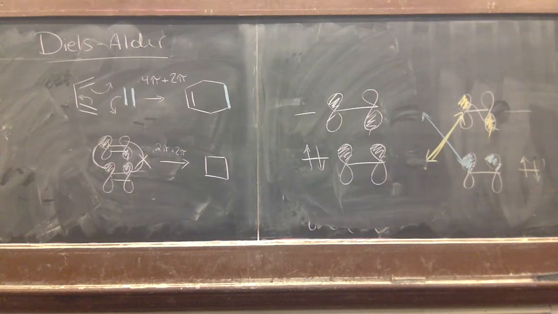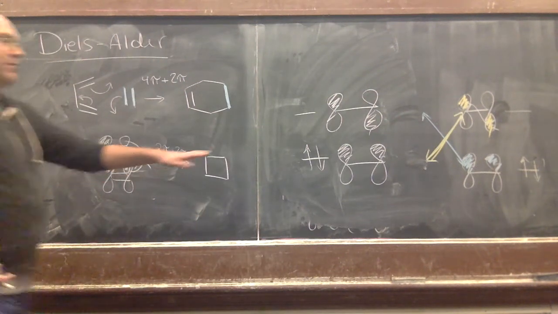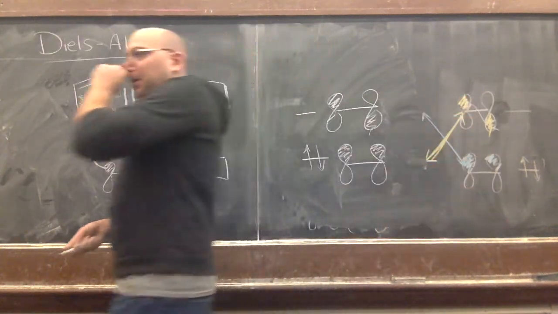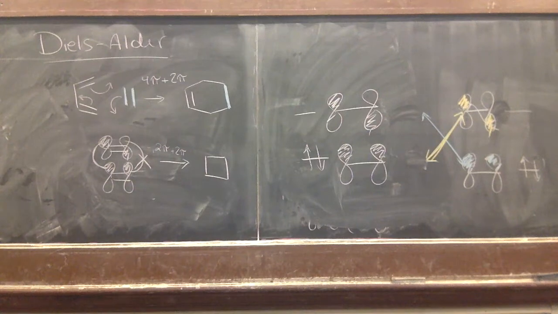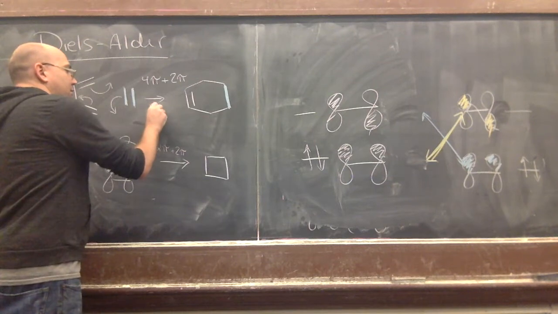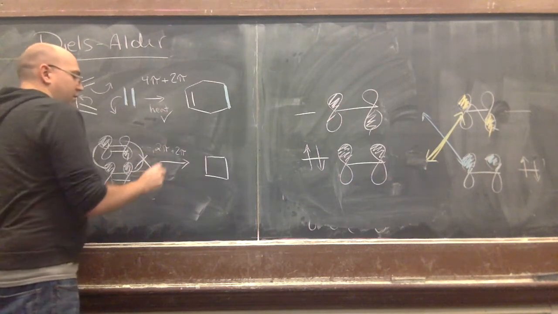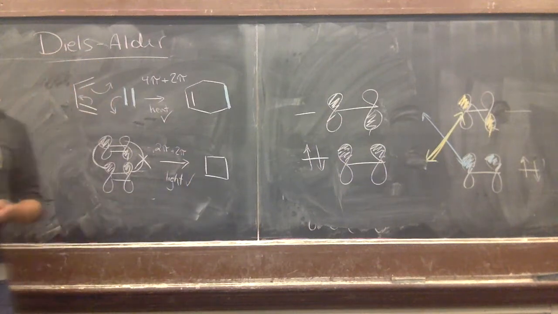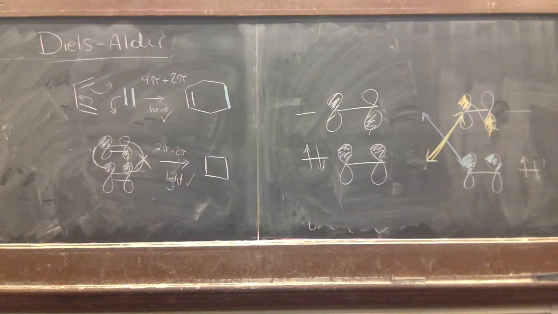And so we see that this will match with this, but then this will be mismatched. So it turns out this 2 plus 2 reaction can work photochemically. If you shine light on this, then it will work. Okay? So the question is, how does this work?